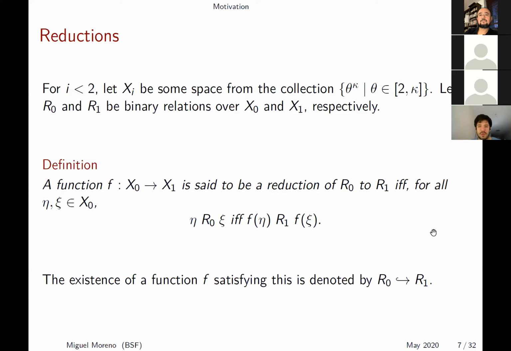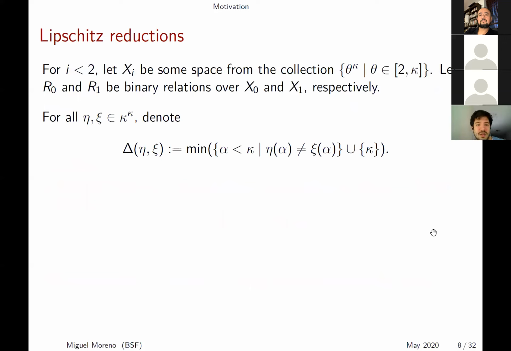Okay, so let's demand more on the function. So Lipschitz reduction, this is the most demanding one. We have the two spaces X0 and X1, and we have two binary relations. Now, for eta and xi in the Baire space, we denote by delta(eta, xi) the minimum alpha such that eta(alpha) is different than xi(alpha), or in case they are always equal, it's just kappa.